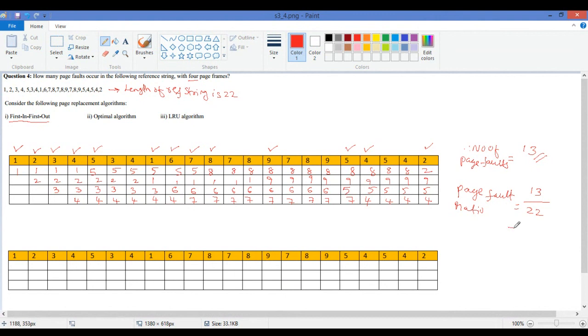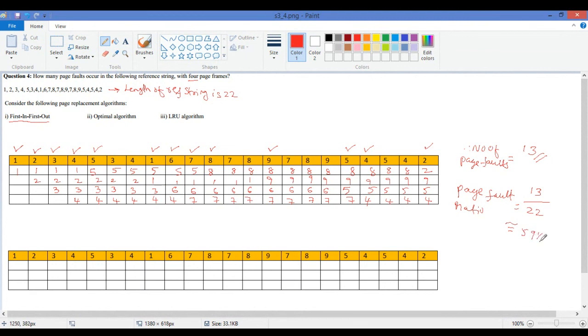So when you do 13 divided by 22, can you use a calculator and tell me how much it is? 13 divided by 22 is 59.09. So approximately 59% is the page fault ratio.